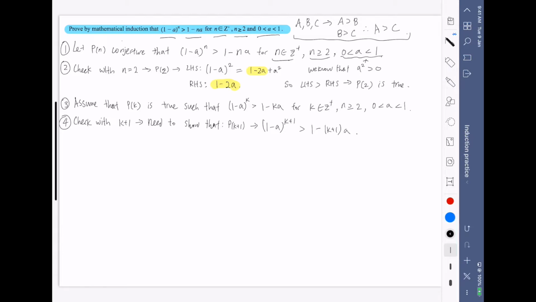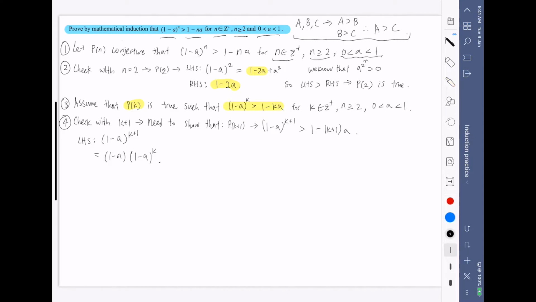Okay, so again, start with the left-hand side and try to work things out. The left-hand side, (1 − a)^(k+1), you can rewrite this as (1 − a) times (1 − a)^k, right? And then what's our next step? Again, use the step from step 3. So we know that, going back here, P(k) is shown as this, right?